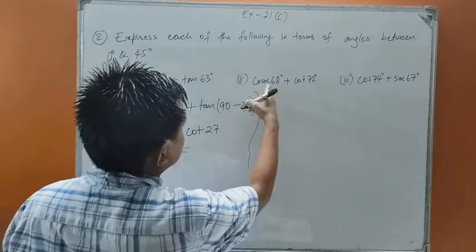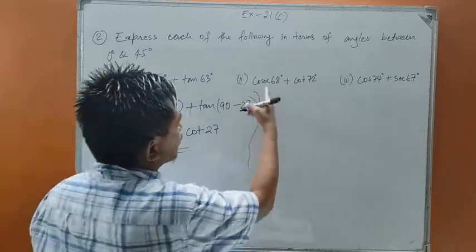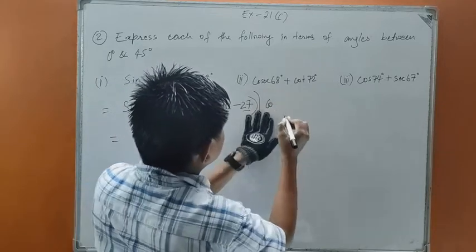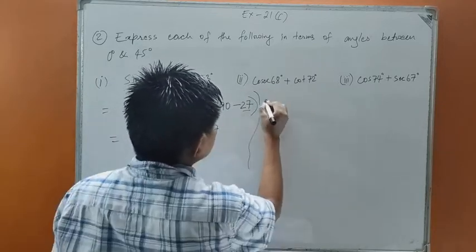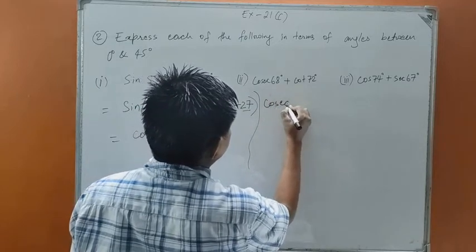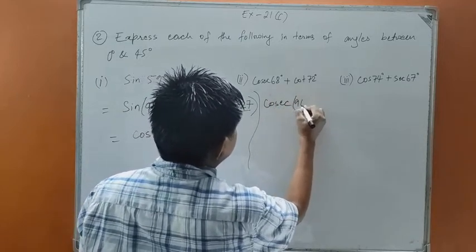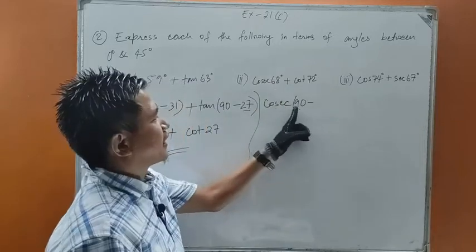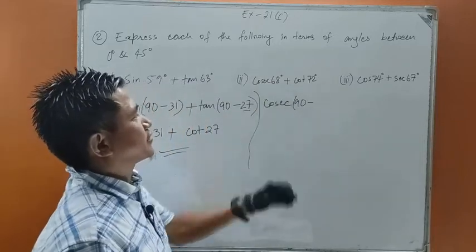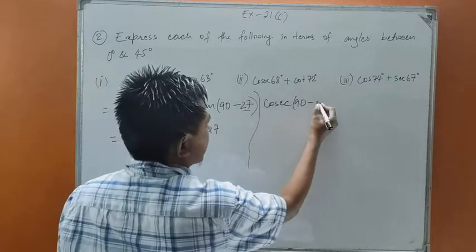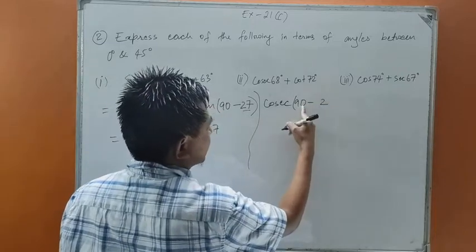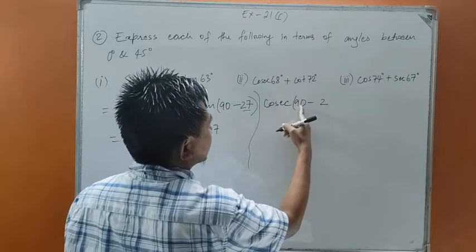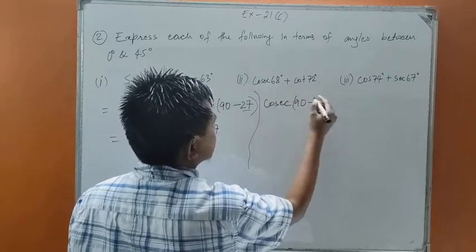So let's do question number 2. Cosec 68 can be written as cosec of 90 minus something that gives us 68. 10 minus 2 gives us 8, and this becomes 8, 8 minus 2 gives us 6.